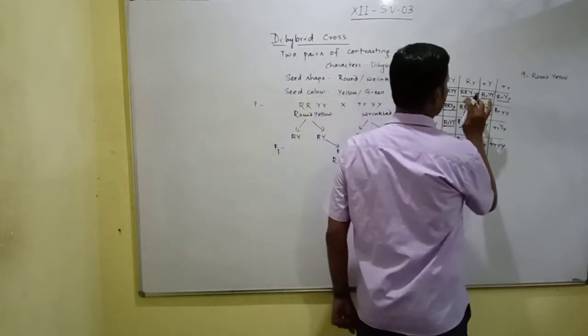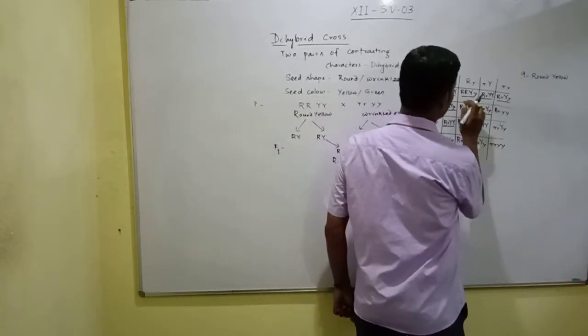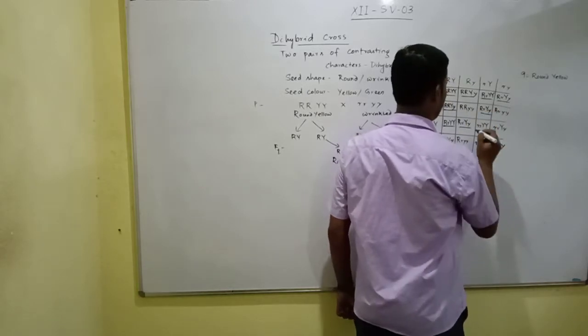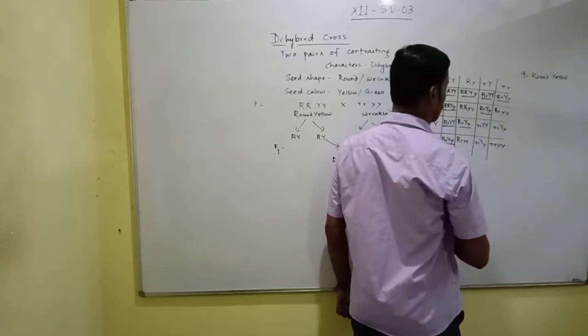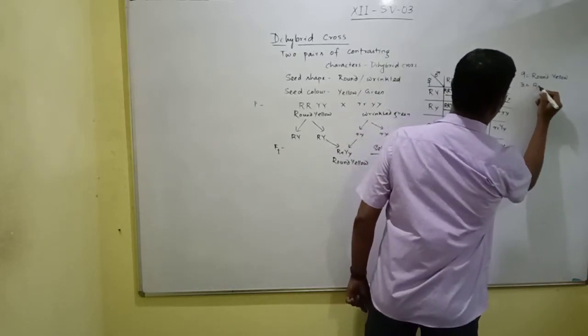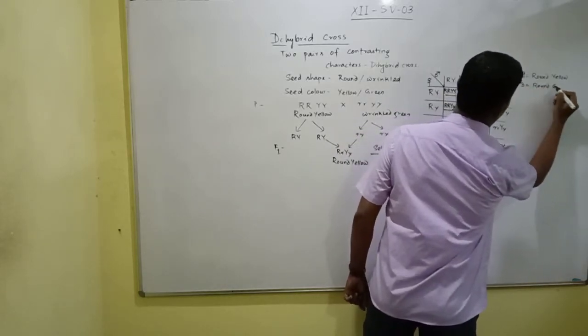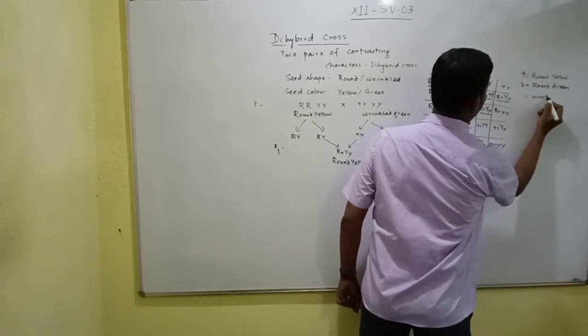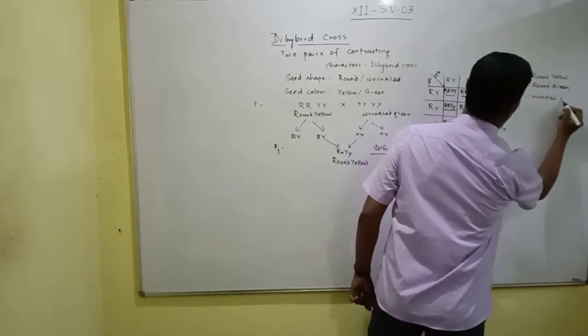Then round green. Look at the round green. This one is round green, 2, and this round green. Then we will have wrinkled yellow.